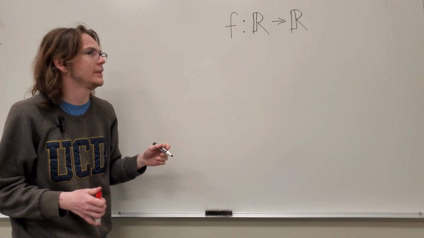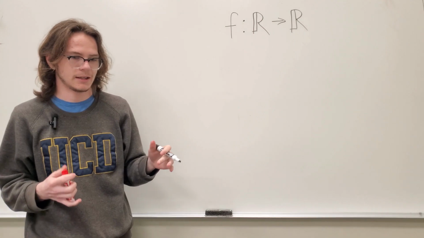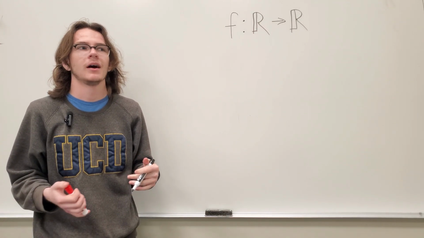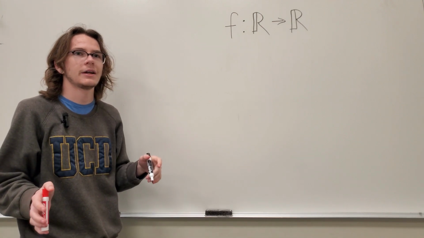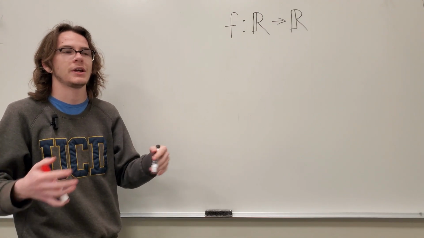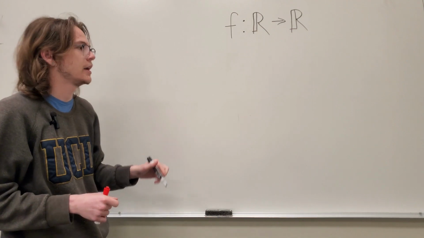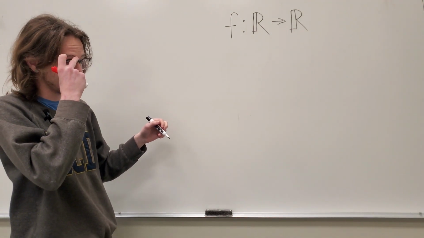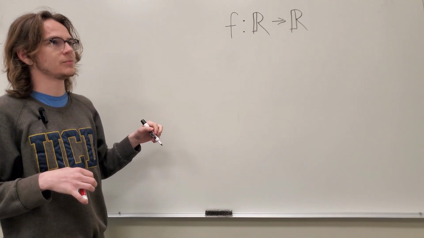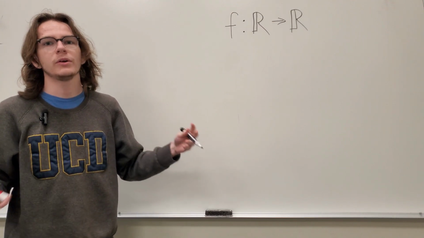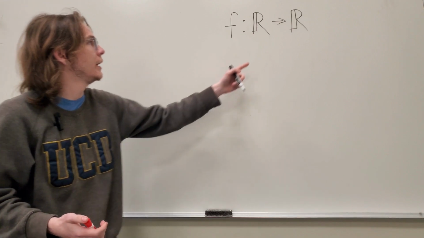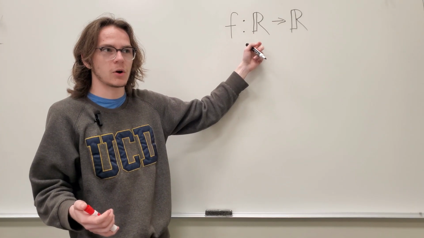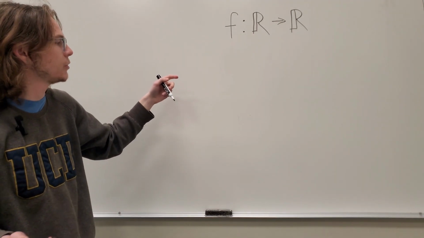So first of all, we need to understand a little bit of basic set theory. It's nothing too complex, but you need to know that a lot of things in math can be generalized as sets. And so we can call the real number line the set of all real numbers. That's all that this scripty R is: it is the set of all real numbers.